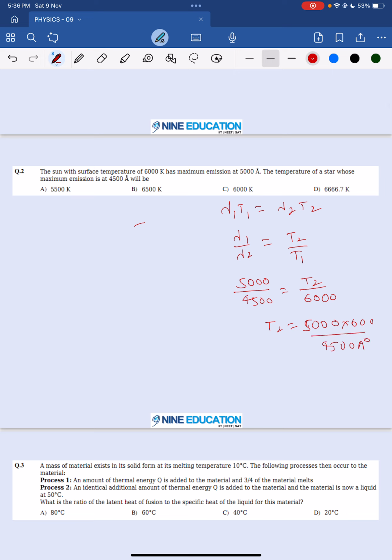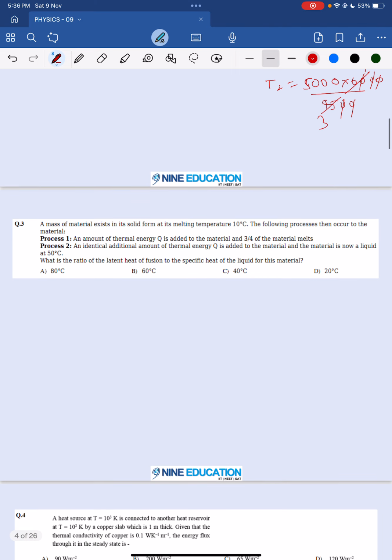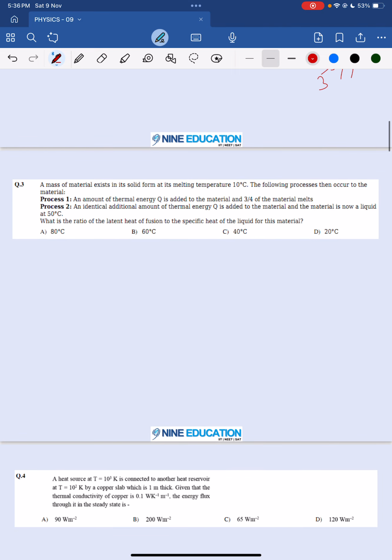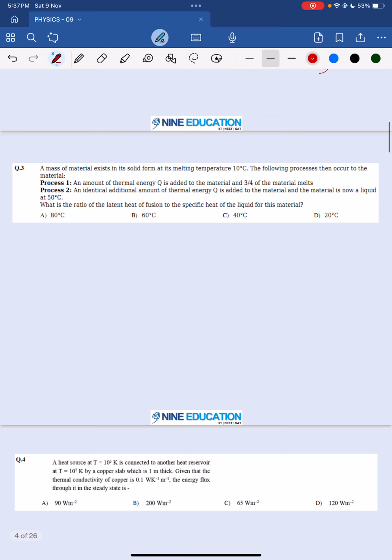Remember, everything is in angstrom, so you can just remove it, 10 to the power minus 10. This is 6000, so this becomes 4, this becomes 3. 15 4 15 3. So here we have 2000 by 3, which is basically 6600.7.